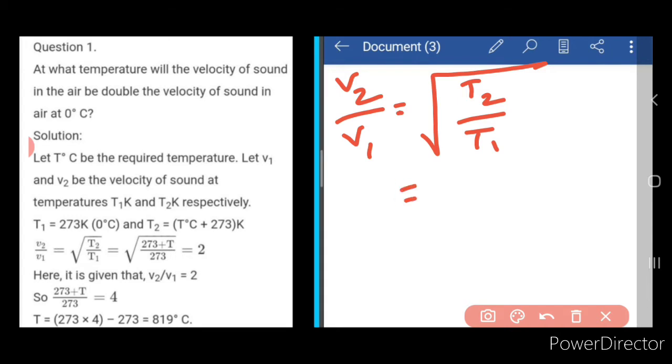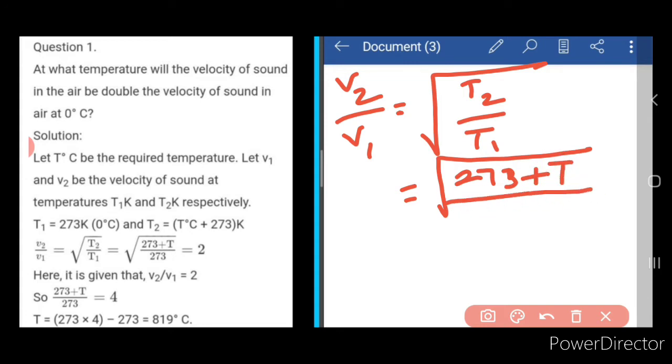Now we know that T2 is nothing but 273 plus T, divided by T1, that is the initial temperature 273, and this is equal to 2, as given. To remove the square root, we square both sides.